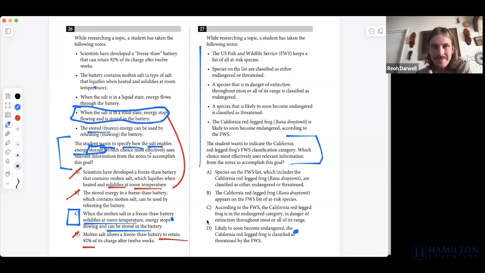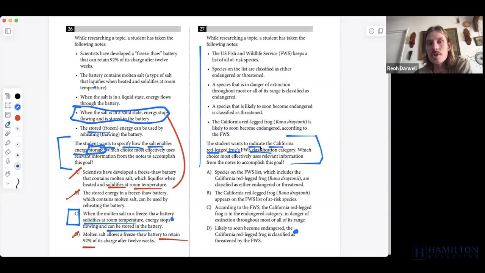Why? It seems natural to want to summarize the information we're given in our notes. But typically, we are only being asked one small parameter. In this case, it is to indicate the California red-legged frog's classification. Question 27 is a trickier type of rhetorical synthesis question because there's a bit of inference here.